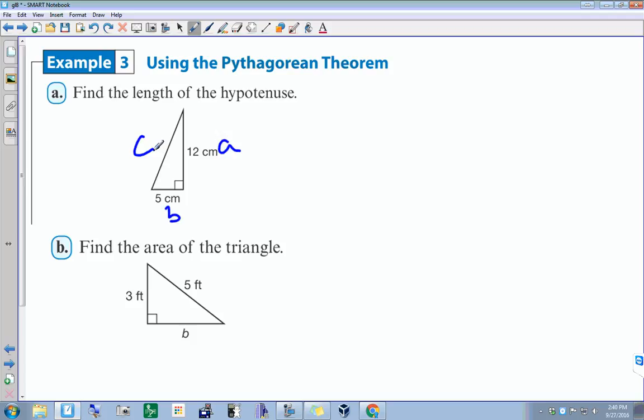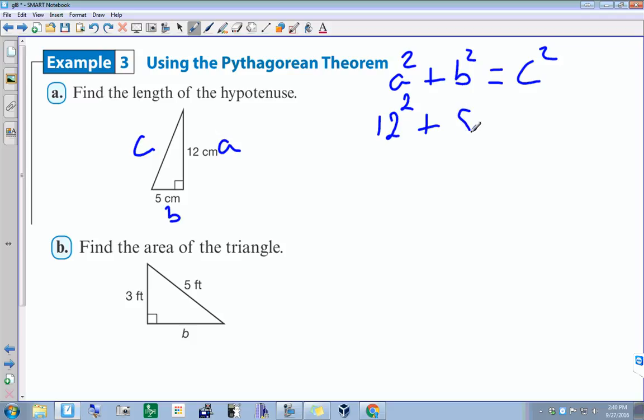Okay. So that means it's going to be A squared plus B squared is equal to C squared. Now, if you learn to write these things out, the rest is really super simple. What's A? 12. So that means it's going to be 12 squared, right? What's B?